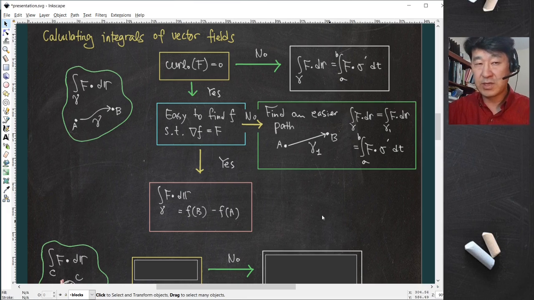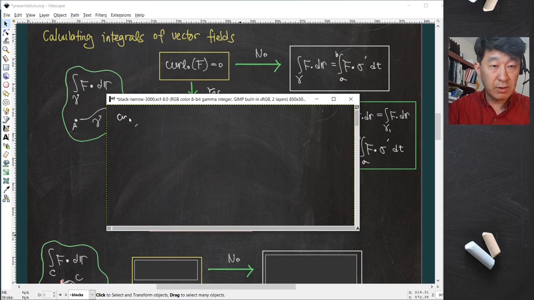What is your choice? If the curl is 0, you can replace this path with something slightly simpler, either a straight line or part of an ellipse, something whose parameterization is standard.